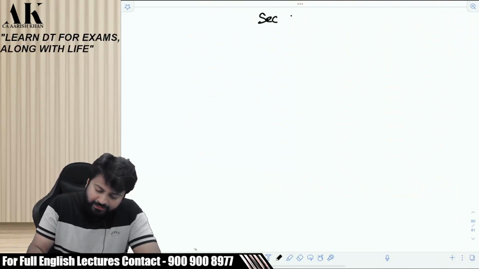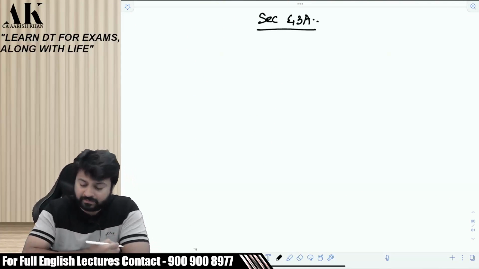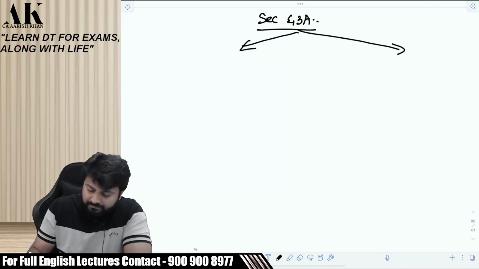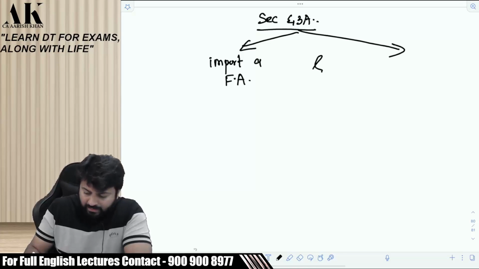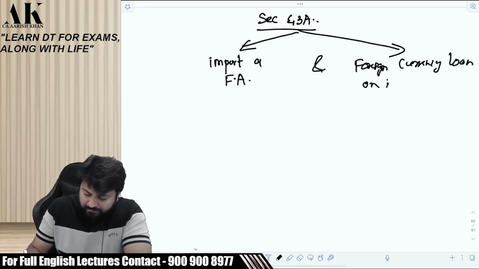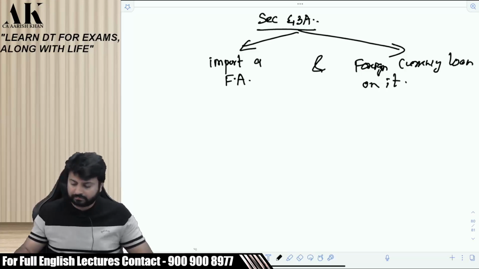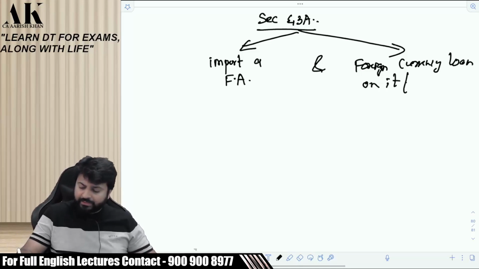There is one section 43A. What does it say? Listen carefully. It says that if you import any machinery, import a fixed asset, and there is a foreign currency loan on it, or there is a foreign credit.